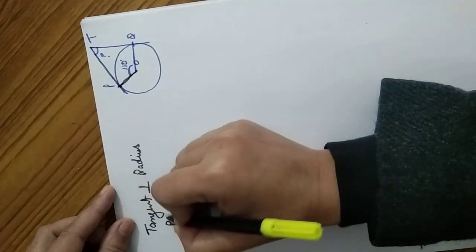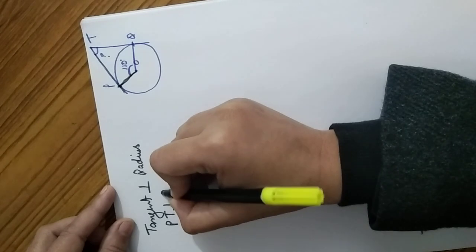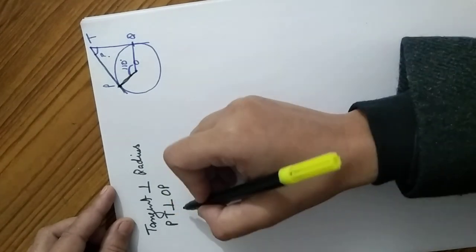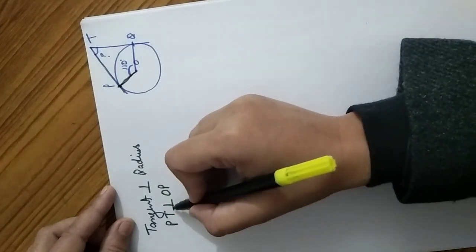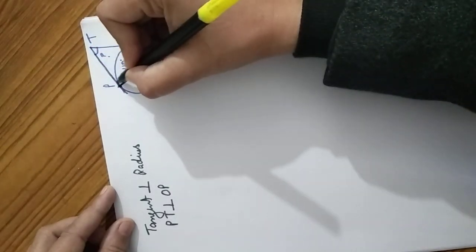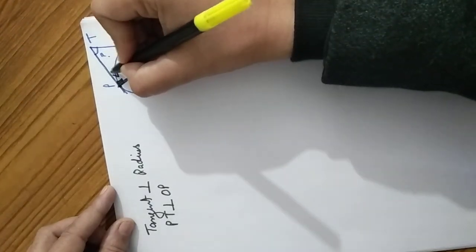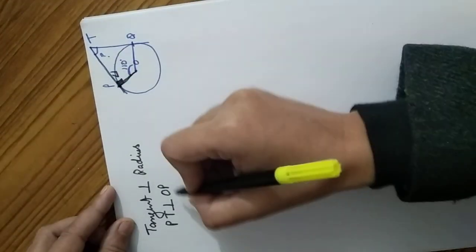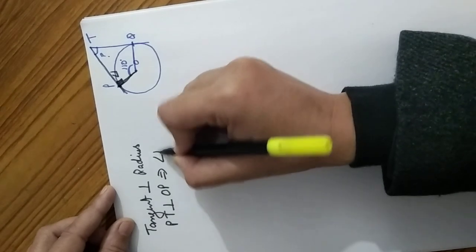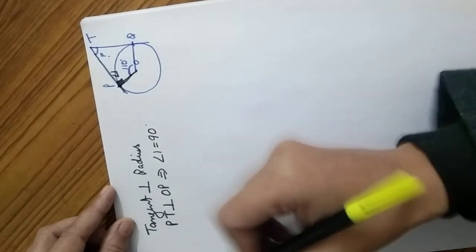So we will write PT is perpendicular to OP. Perpendicular means that PT and OP are making an angle of 90 degrees. It means that at this point P, let us mark this as angle 1. This implies that angle 1 is equal to 90 degrees.